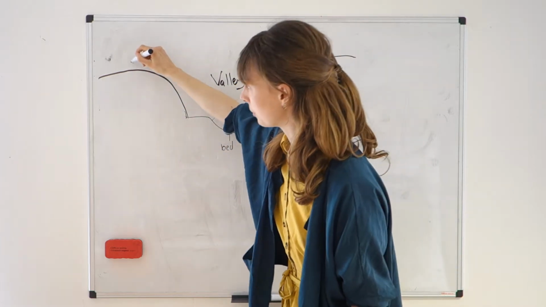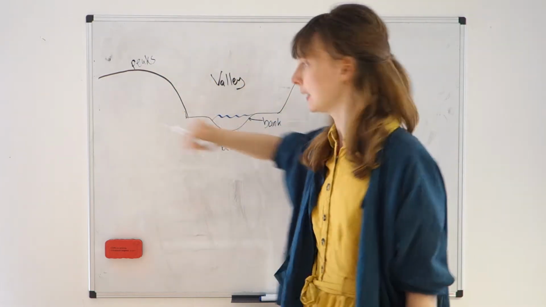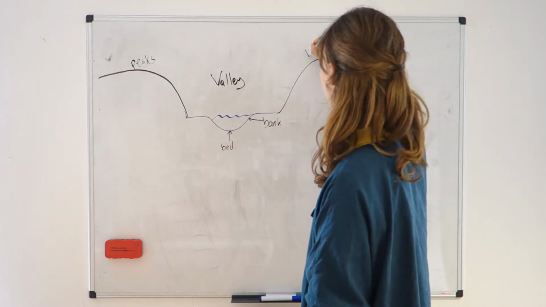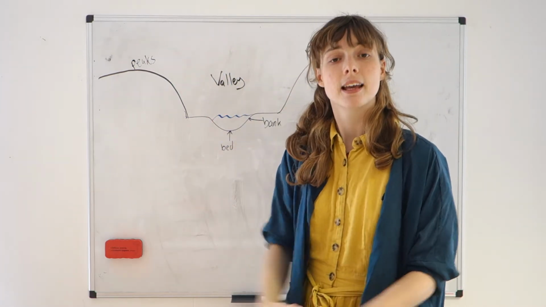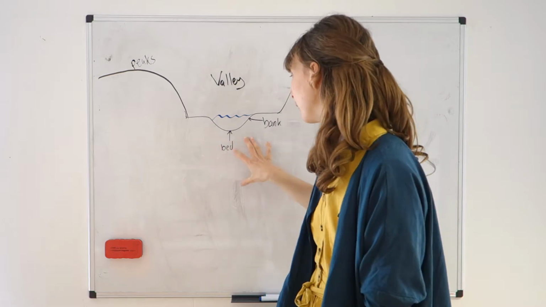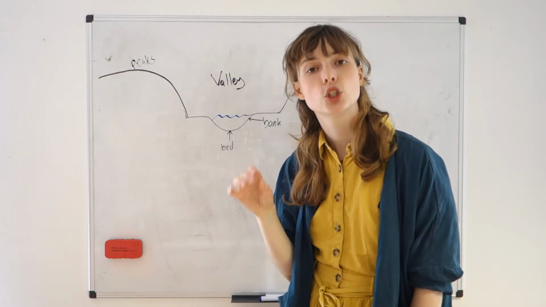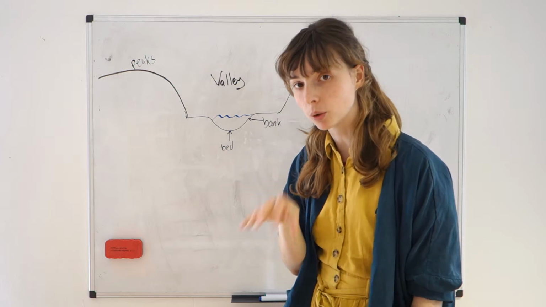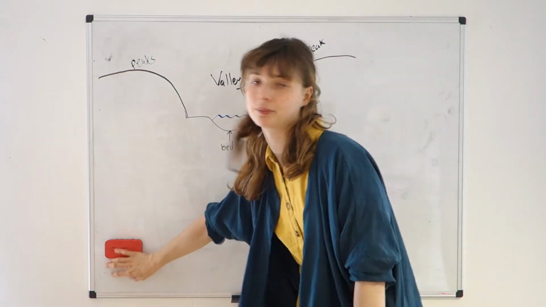And the top of those hills we call peaks. So we've got the peak, the hill, the valley, the dip, and then the peak, the hill on the other side. And the shape of the channel and the shape of a valley that rivers flow in change as a river flows from its source, from its start, to its mouth, its end in the sea or ocean.